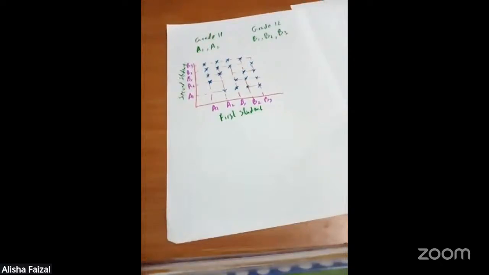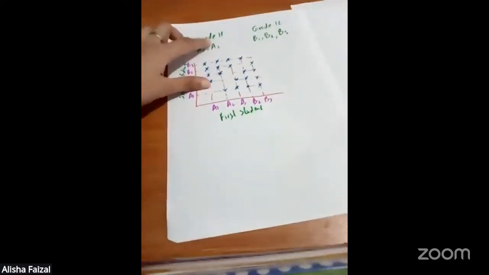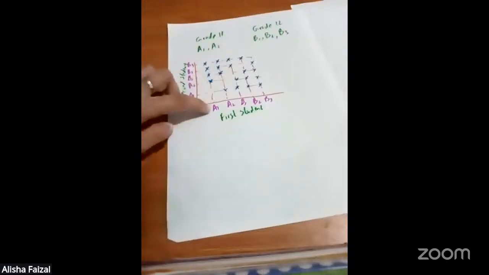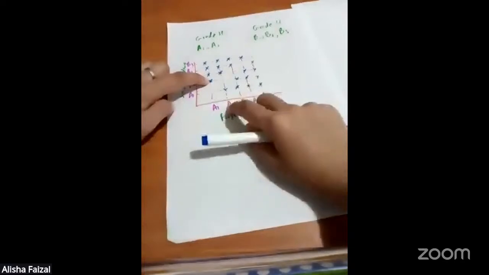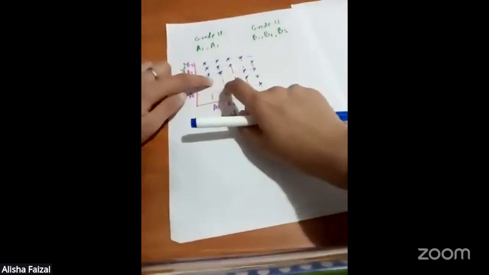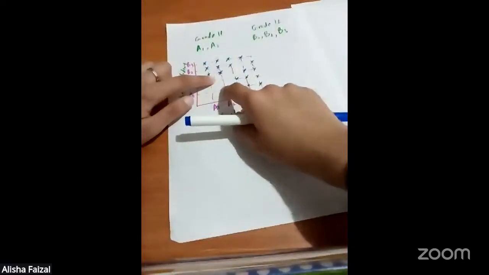Next one. Encircle the event of picking two students from the same grade and find its probability. Same grade means same letters. So A1, A2 and then A2, A1; both come as answers for this one.